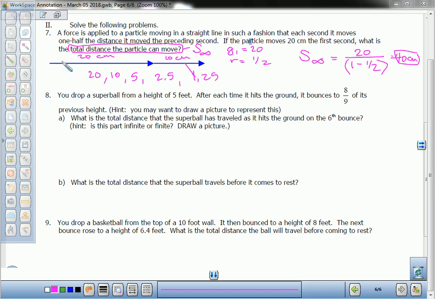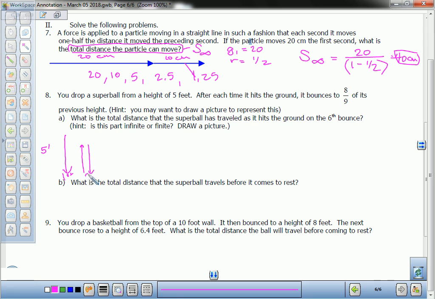Okay, so here's my picture. Once again, probably not good. I have the super ball dropping from a height of 5 feet. So that first drop is 5 feet. That's my first drop, right? Then it's going to bounce back up and fall back down.